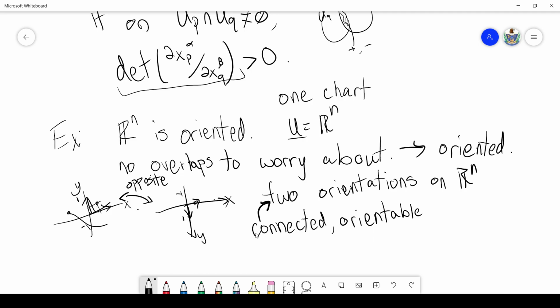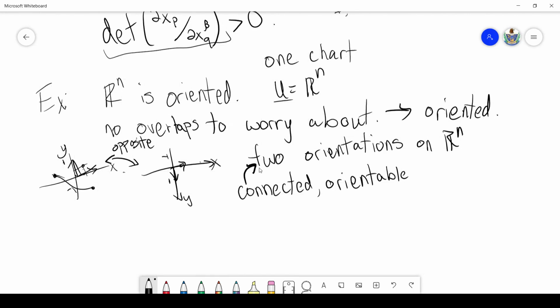Remember, we're using path connected instead of general connectedness, but Rn is connected anyway. Connected just means we can connect any two points by a path, which we certainly can do in Euclidean space. And it's orientable. We've already shown it's orientable. So that means there are only two orientations, which we can basically call a positive and a negative orientation.